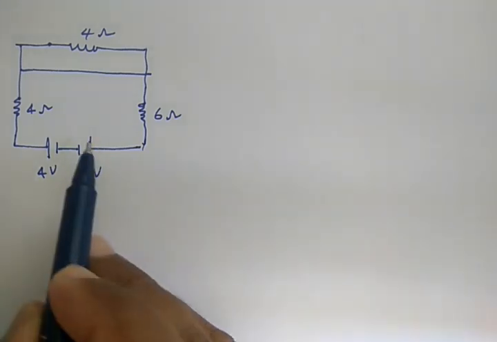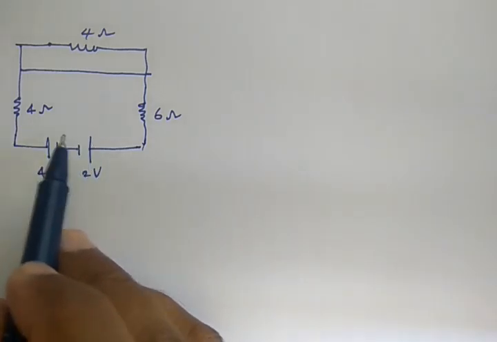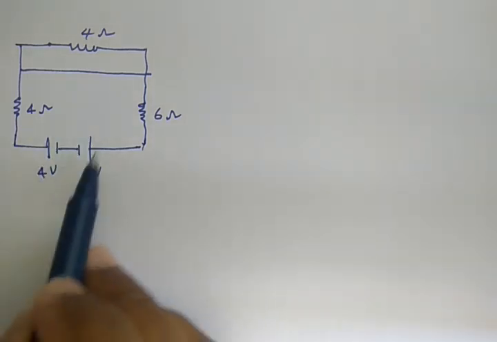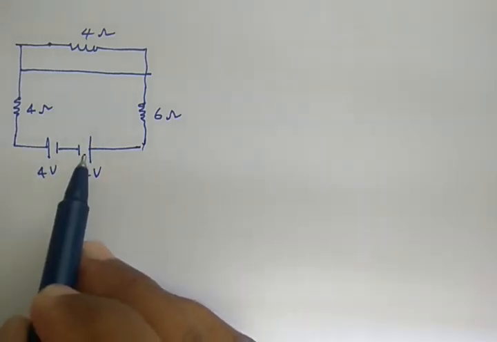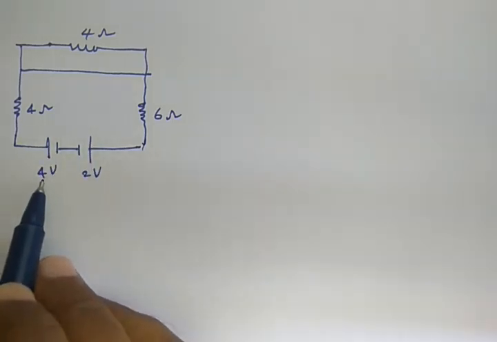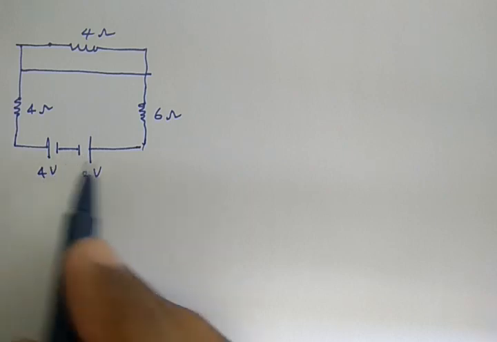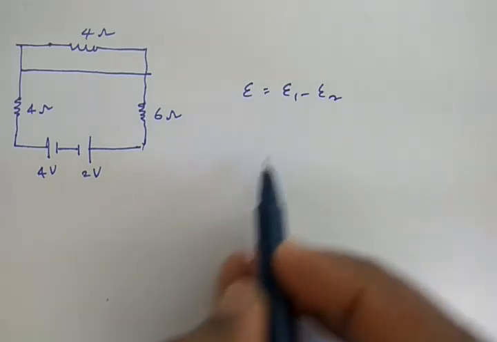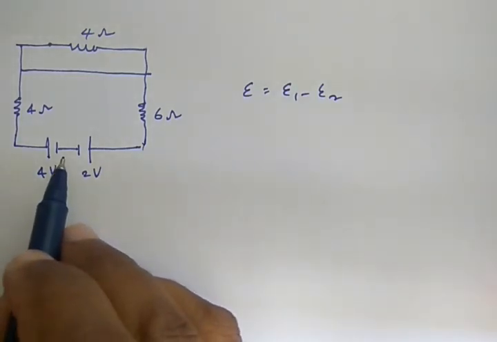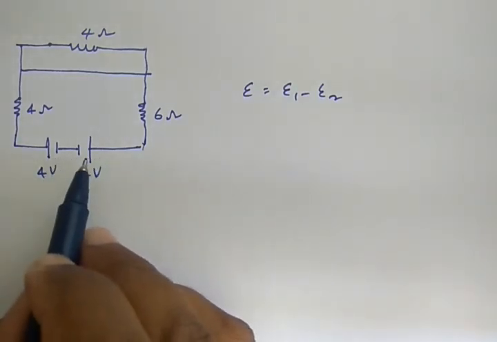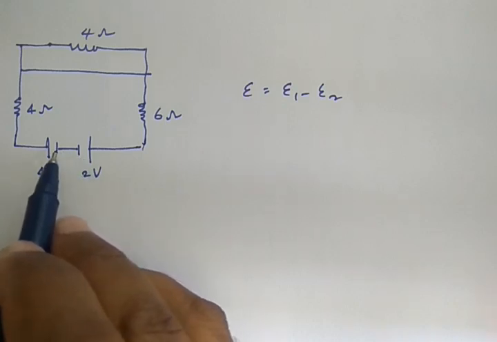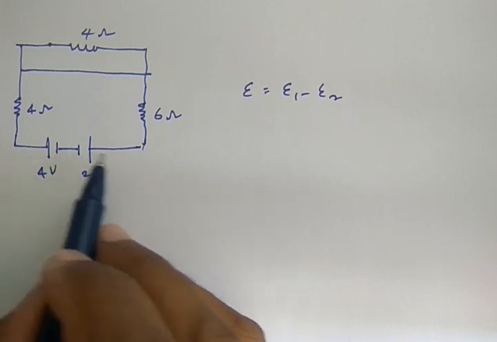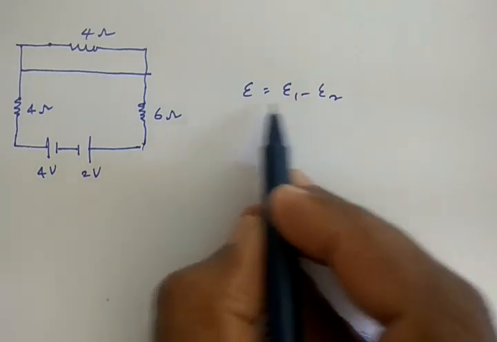So we know that these two cells are in series, so you can find the effective EMF. Because this is 4 and this is 2, the effective will be E1 minus E2. If both are connected in series, like the negative terminal of the first battery connected to the positive terminal of the second battery, you will get EMF E1 plus E2.